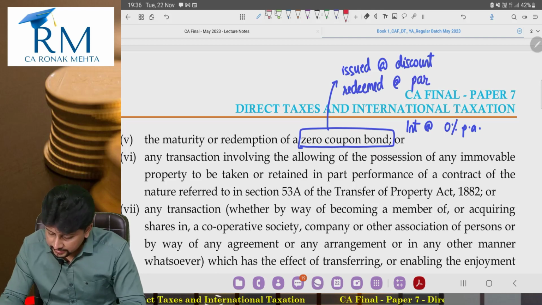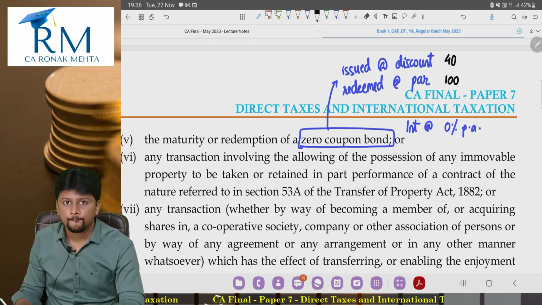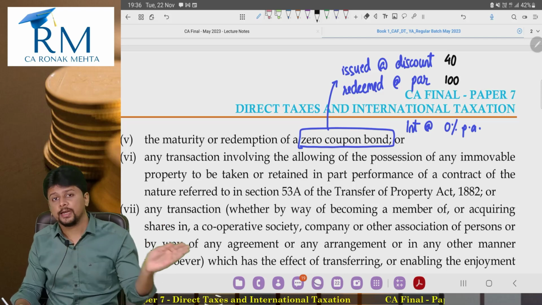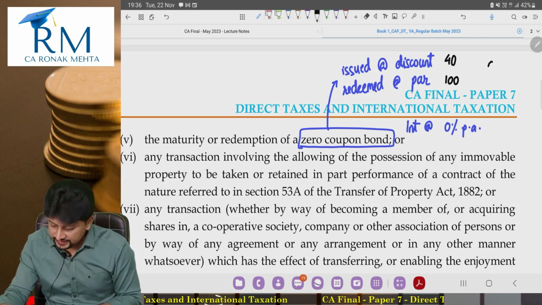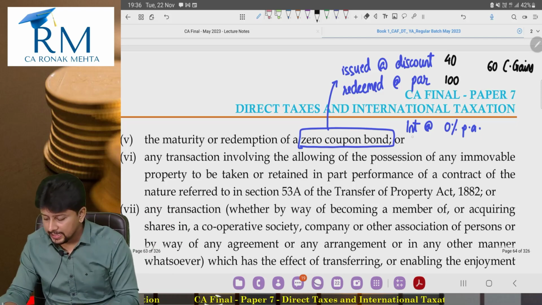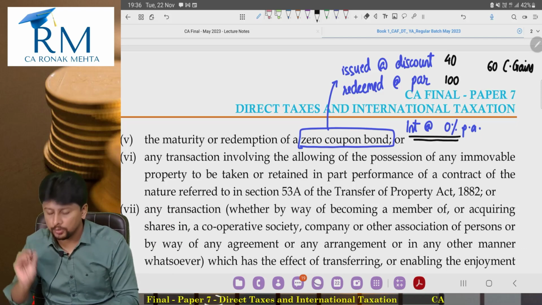So let's say, for example, on redemption you are getting 100, but they are issued for 40. Now 40 is your cost and 100 is what you are getting at the time of redemption. So 60 is your capital gains, and you are not getting any interest during the lifetime of the bond.